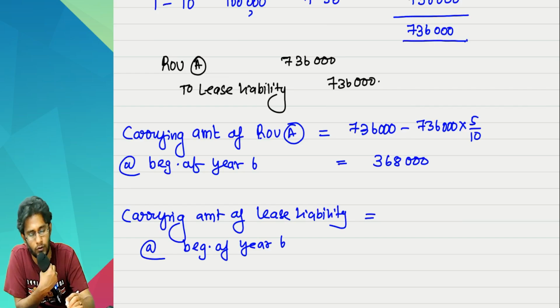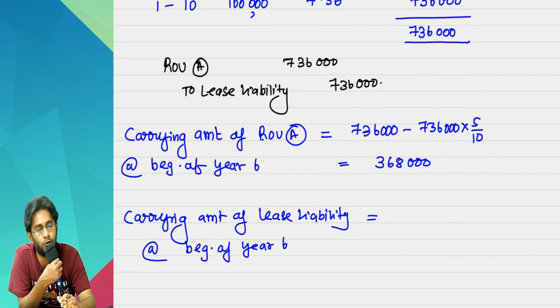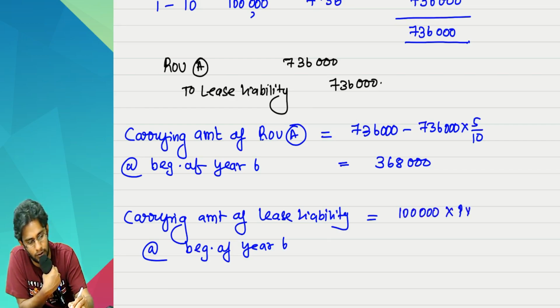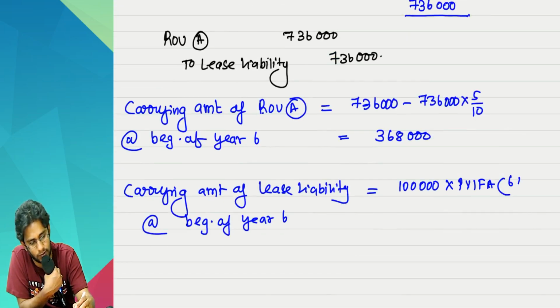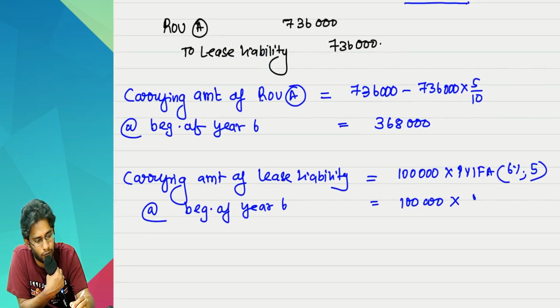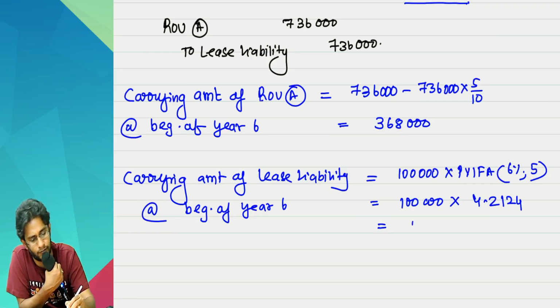All you have to do is work out the present value of the remaining lease payments as of today. Remaining lease payments are for how many years? 5 more years. So that is 1 lakh per annum into PVIFA 6%, 5 periods, which is 4.21, so 421,240.